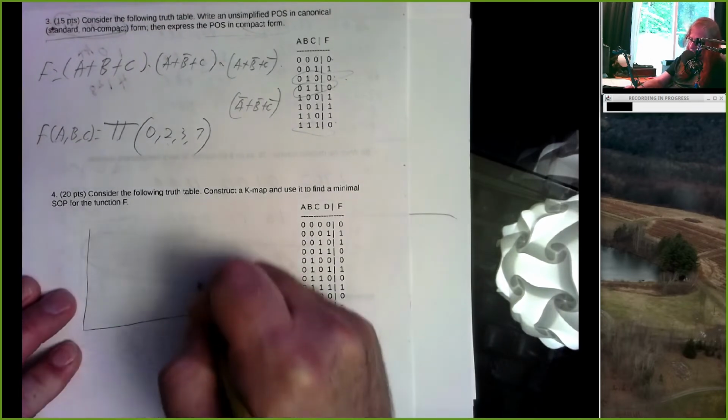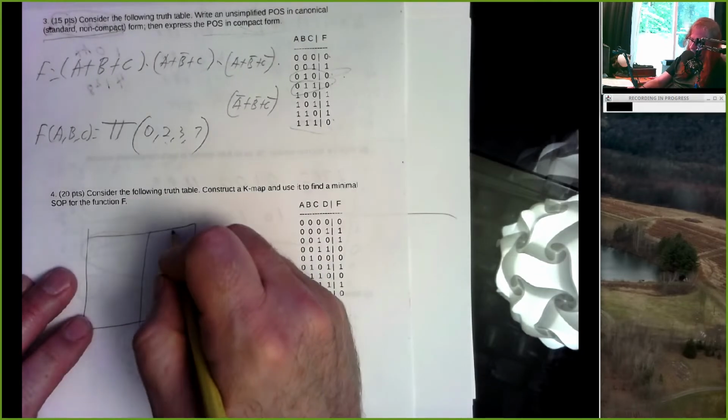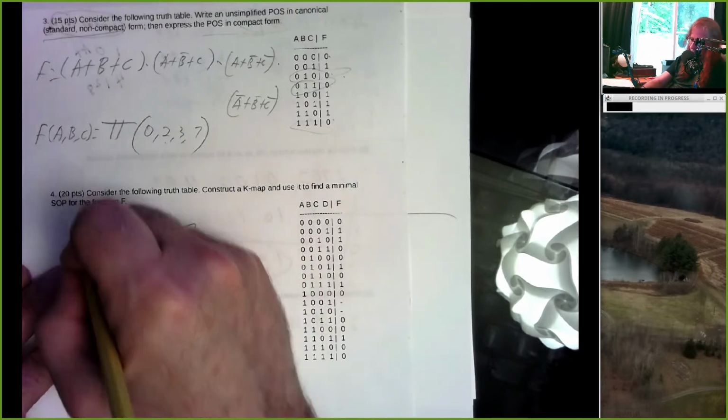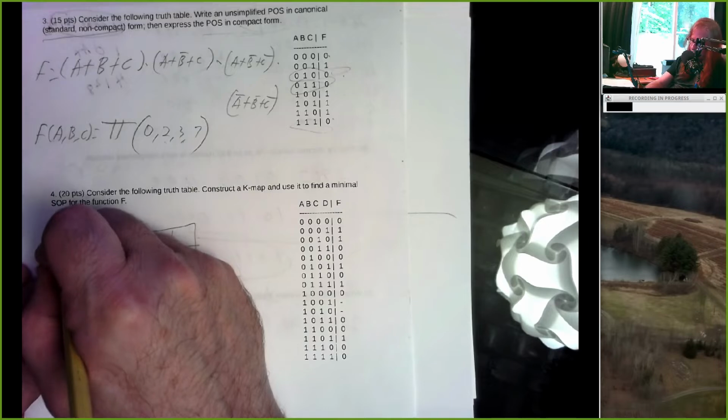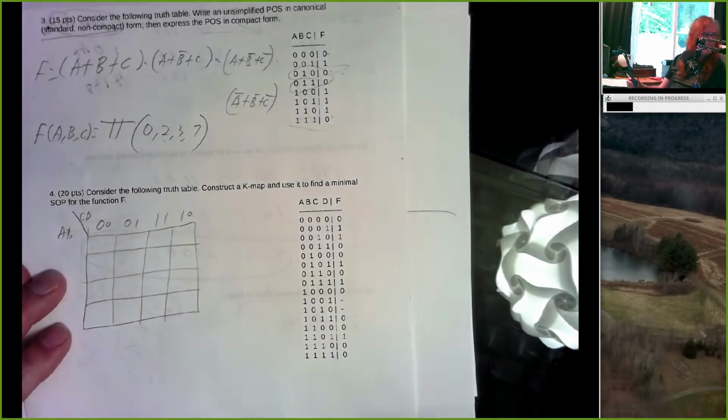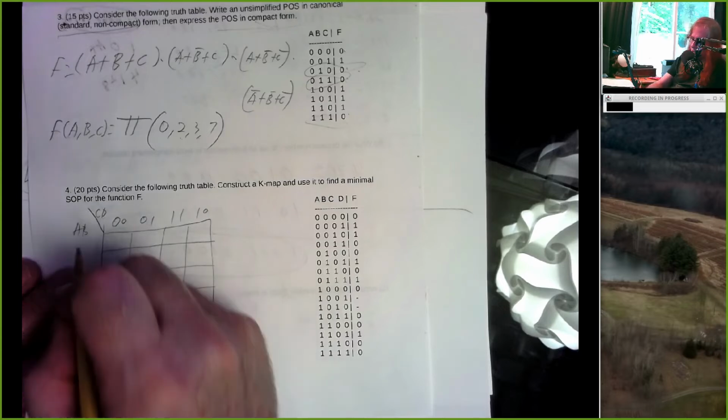So here we're trying to find a sum of products. On this one, a few people had some troubles with the K-map itself. The main trouble is how you number these. If you flip these around, you get a different result. So make sure you do this Gray code ordering: 00, 01, 11, 10.